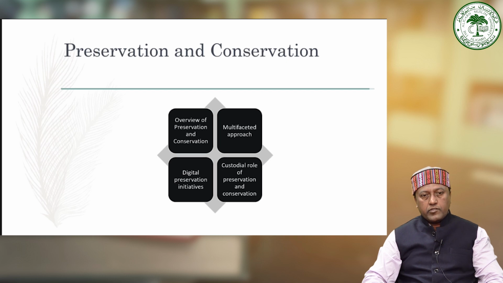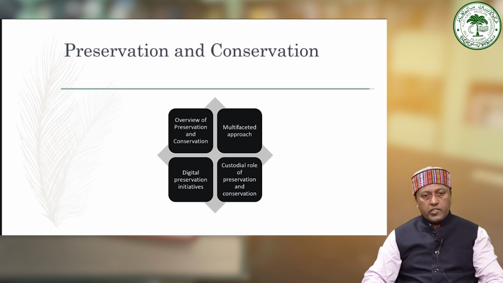By controlling factors such as temperature, humidity and light levels, institutions create optimal conditions for the long-term survival of reading materials. Meanwhile, expert conservators employ delicate techniques to repair tears, reinforce bindings and stabilize fragile pages, extending the lifespan of these artifacts.